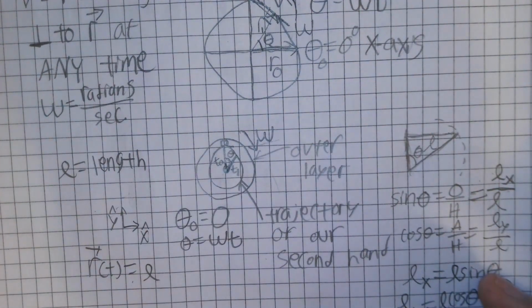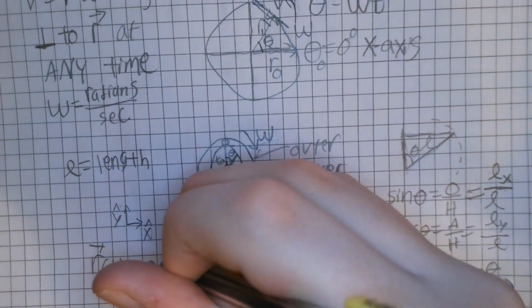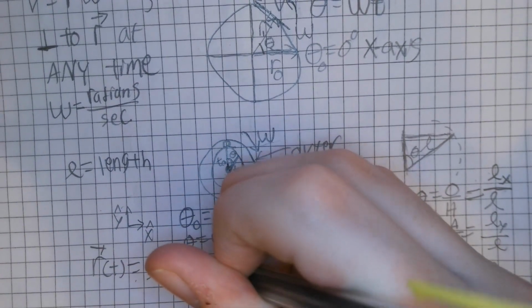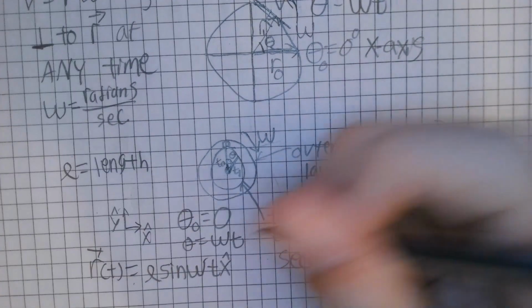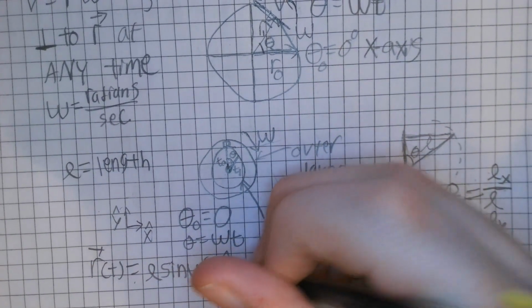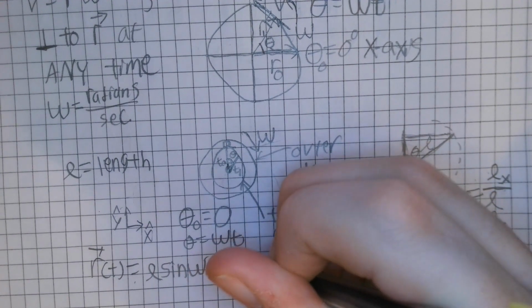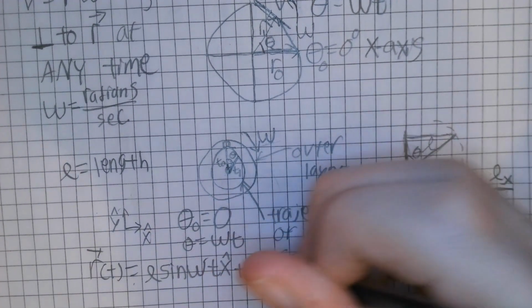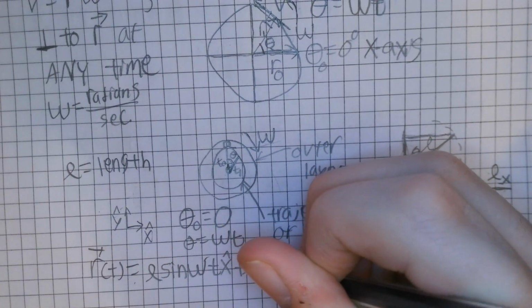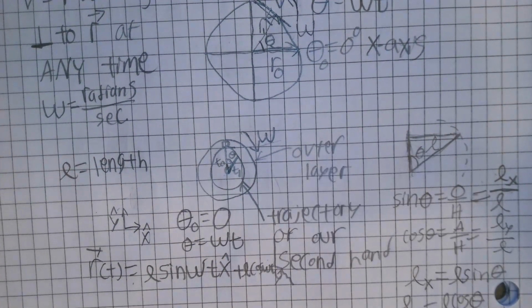We already have it right here. It's going to be L sine, but instead of writing theta, we're going to write omega t to show that it changes in time. Put our x hat, and now plus L cosine omega t and the y hat, and I do realize I kind of ran into myself there, so I'm just going to draw a little bit of a line. Okay.